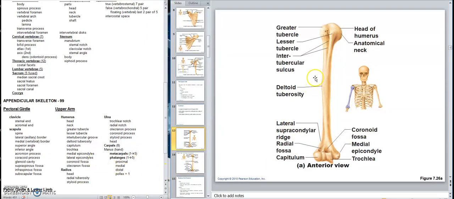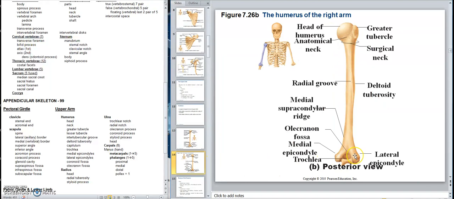Okay, so we've done the head, the anatomical neck, the surgical neck, the greater and lesser tubercle, the intertubercular sulcus or groove, the deltoid tuberosity, the capitulum, the trochlea, the medial and lateral epicondyles, the coronoid fossa. Right here you have the coronoid fossa, and if you go to the back, you have the olecranon fossa, and that's pretty much it for that. So you can look at those.